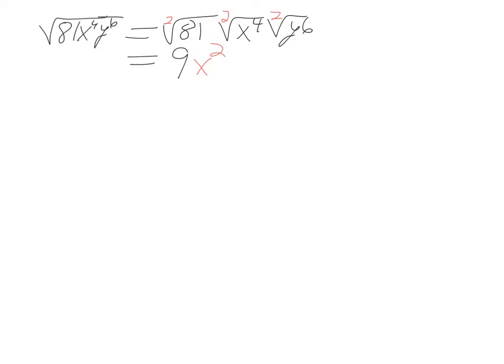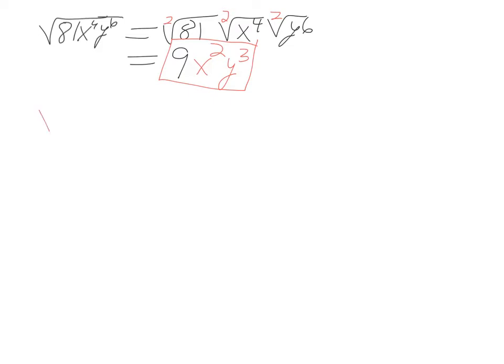Same thing here: what times itself 2 times, because that's what the little 2, the index, is asking, and that would be y to the third. So you can just think of it as how many times will 2 go into 6? Goes in there 3 times, so it's y to the third. How many times will 2 go into 4? 2 times, so it's x to the second.